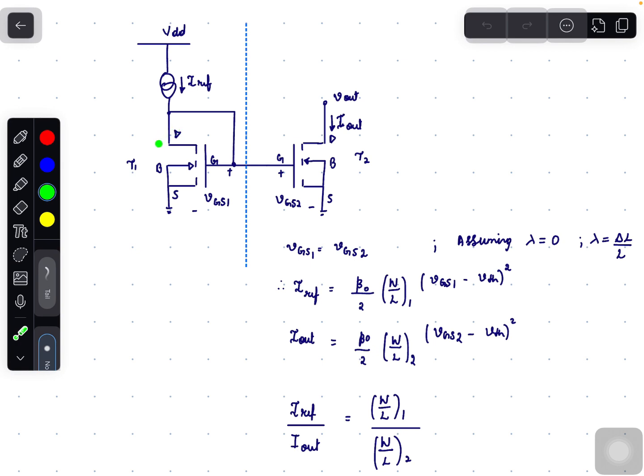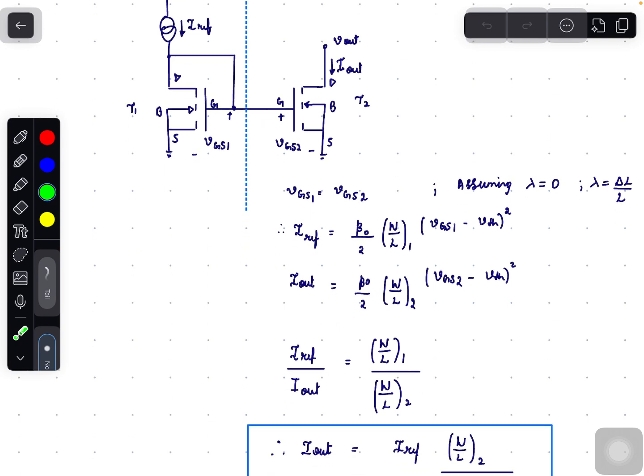Take the current equation through T1, that is the drain current through T1: IREF equals β0/2 W/L of 1 times (VGS1 − VTH) the whole square. The drain current through T2 is given by Iout equals β0/2 W/L of 2 into (VGS2 − VTH) the whole square.